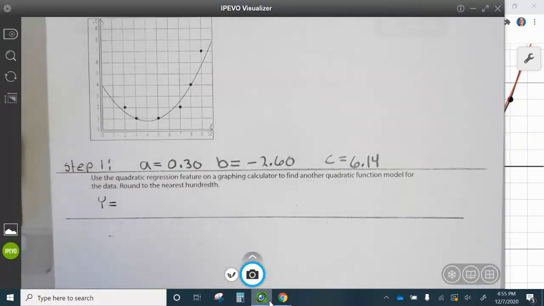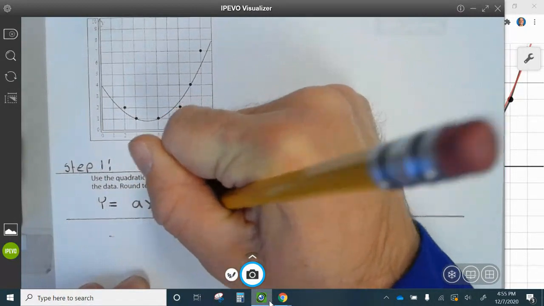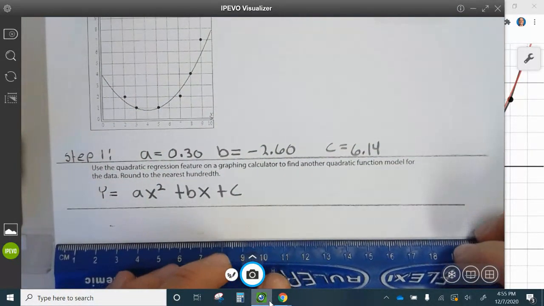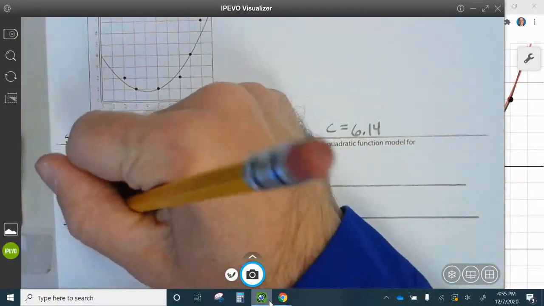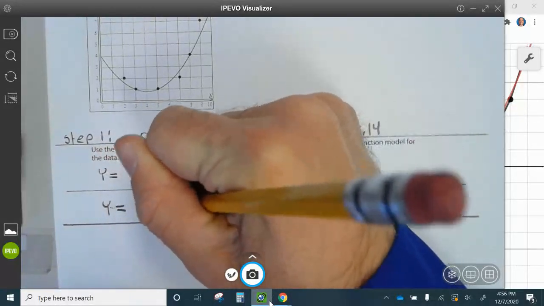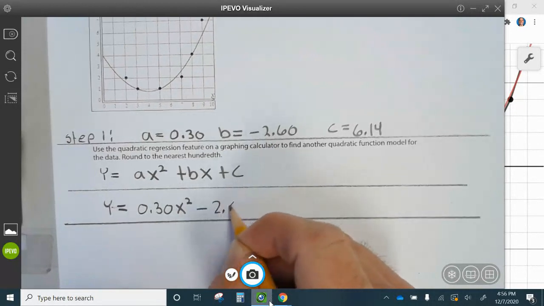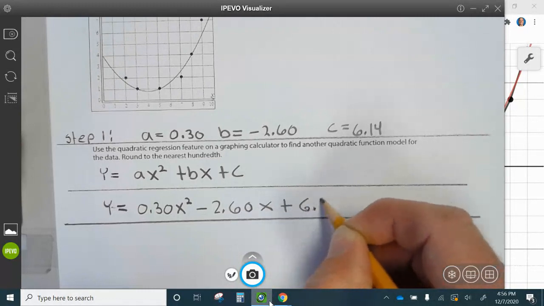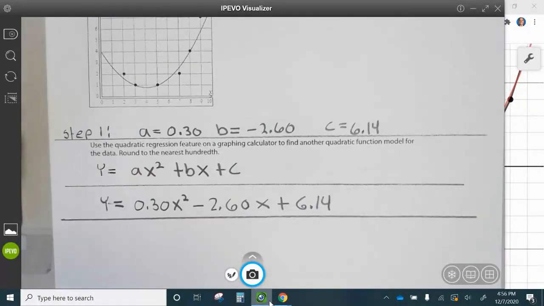Okay, so now our equation is y equals ax squared plus bx plus c. Now that you have the a, b, and c values, we can plug those in. So y equals 0.30x squared. It says plus, but that's minus, so minus 2.60x plus 6.14. Okay? All right, let's move on to the next step.